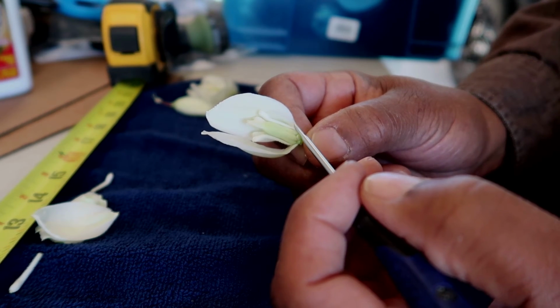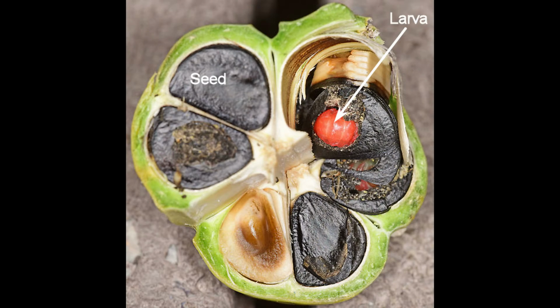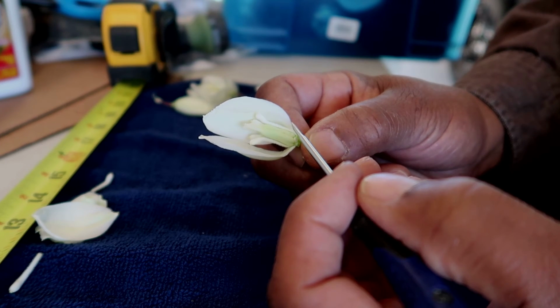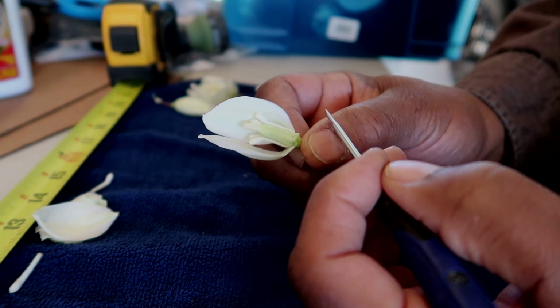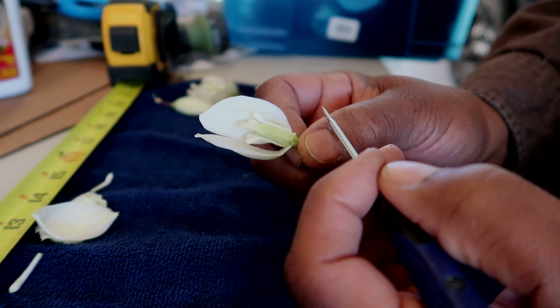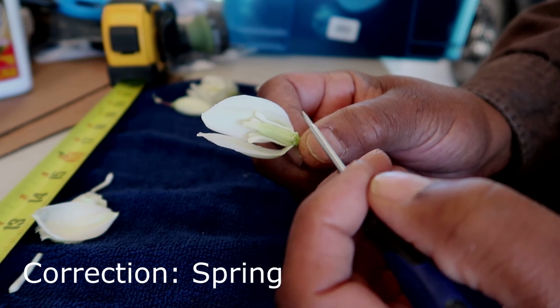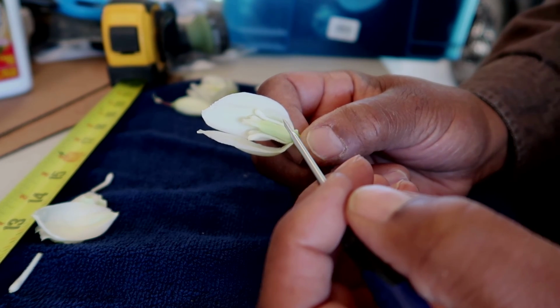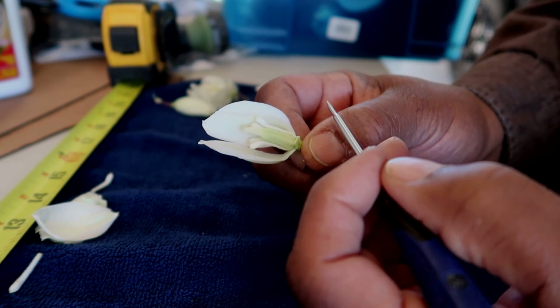The larvae from the moth feed on the seeds. Once the larvae get to a certain size, they actually break out of the ovary and crawl down the plant and form cocoons where they stay and mature until the following fall and winter. Then they come out of their cocoons and become moths, and the process repeats itself.